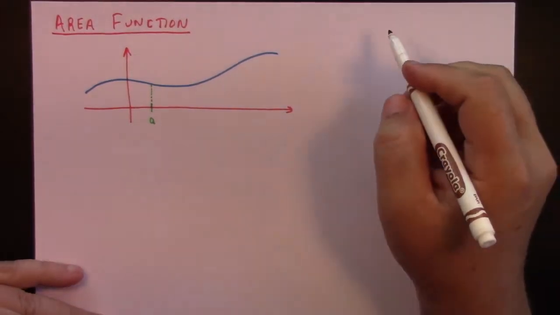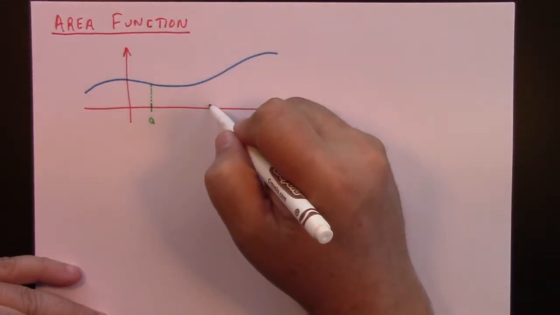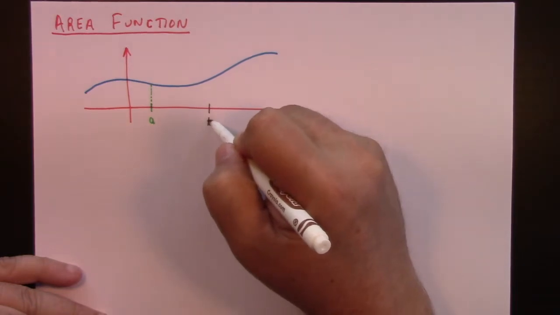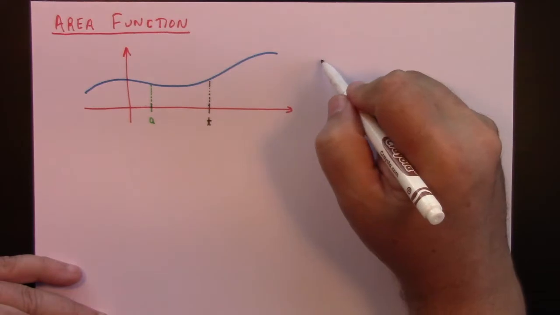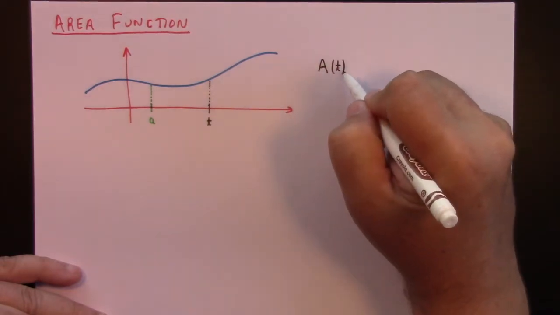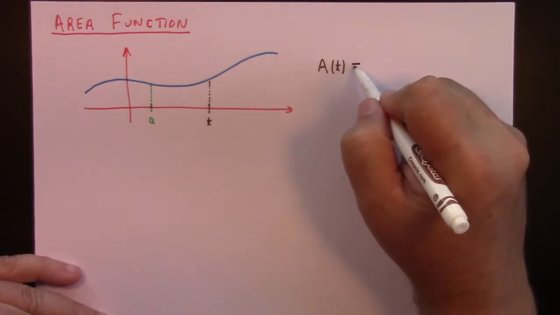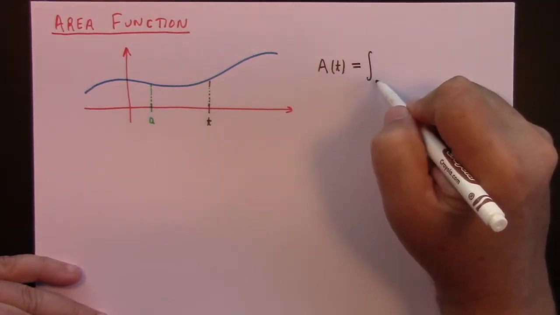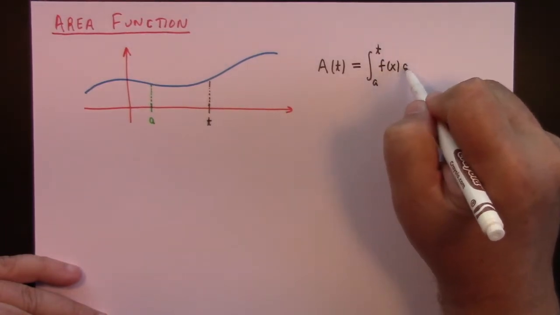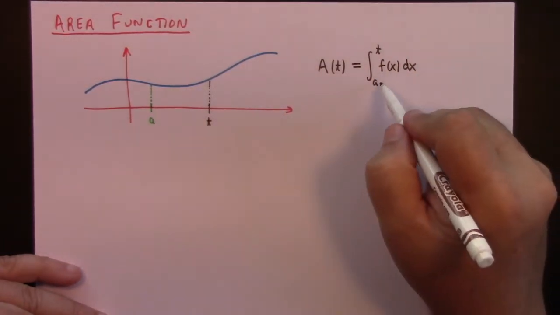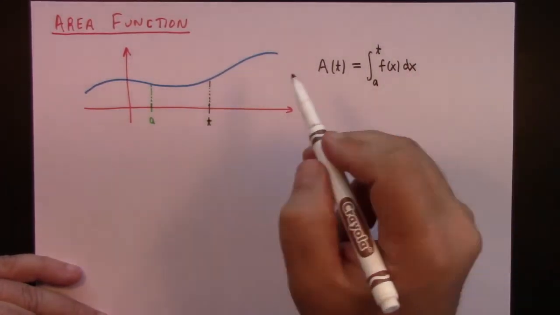I'm going to write the area function at variable t over here. So the area function of t, which of course has an a dependence in principle, is simply defined to be the integral from a to t of f of x dx. All right, that is going to give you the area from here?